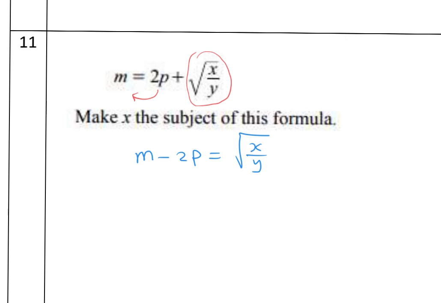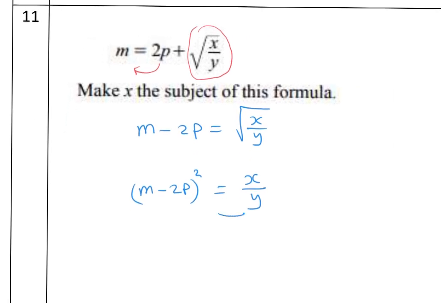Then how to remove the square root? We square the other side. Square both sides, so x over y equals m minus 2b all squared. Then we move y to the other side by multiplication. So x equals y into brackets m minus 2b all squared. Correct. Good job.